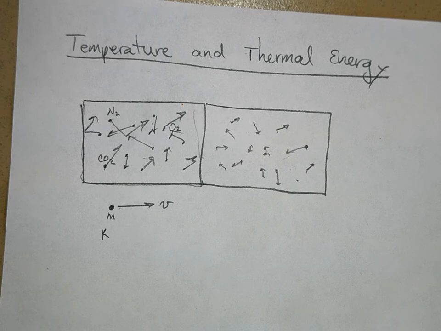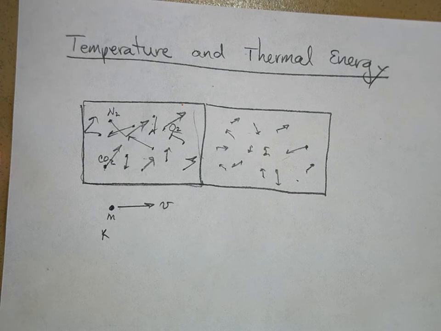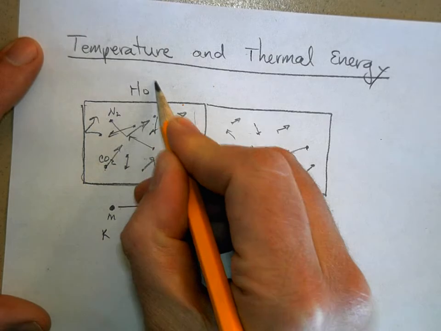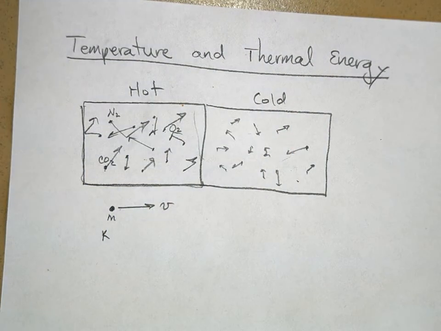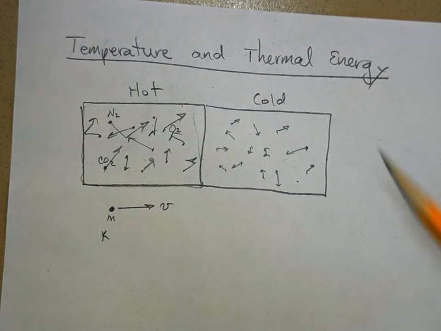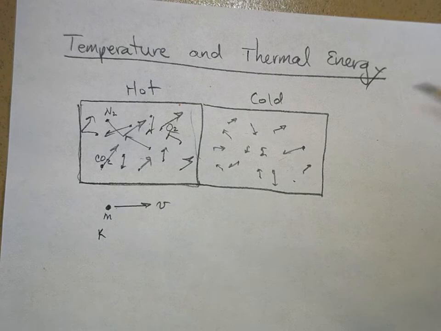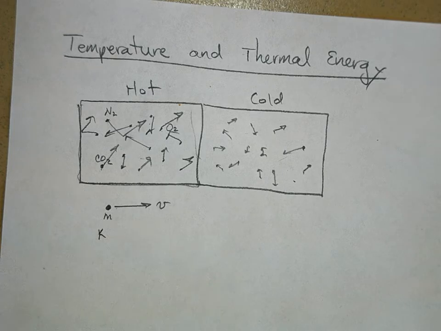And so the way we feel, the way we detect what the average kinetic energy of these molecules is, is we talk about temperature. So this would be hot, and these molecules we would feel as being cold, because for cold stuff, the average kinetic energy is much lower than stuff that's hot. Now, what do we mean by kinetic energy?